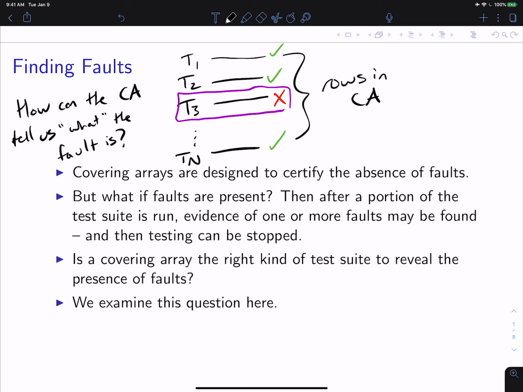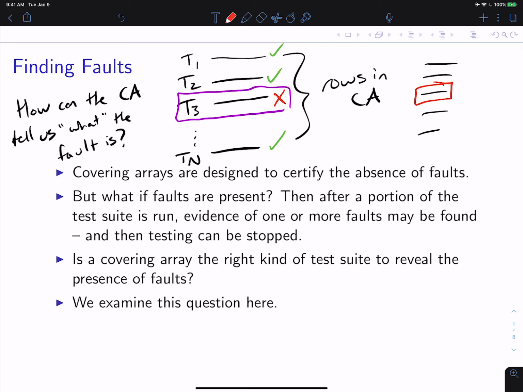If we just use a covering array by itself, that might not be possible. It is possible in the case where there are very few faults. Let's say that we have 5 tests here, and this is the one that fails.